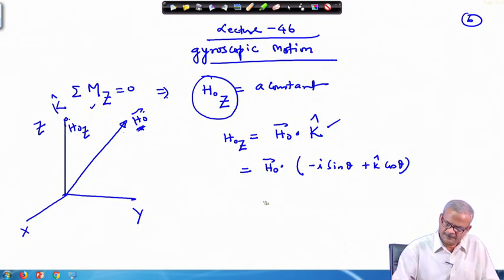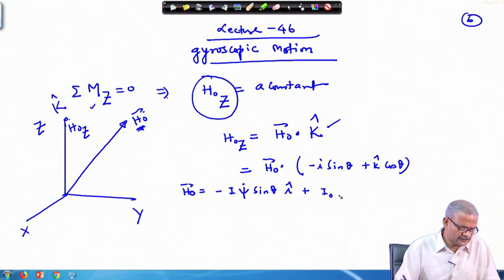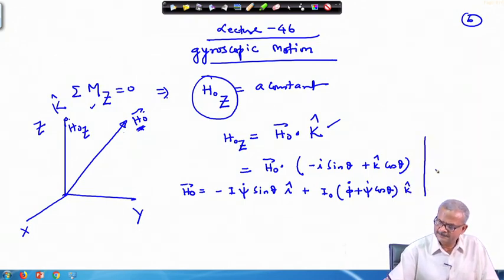H 0 is minus I times psi dot sin theta times I cap plus I 0 times phi dot plus psi dot cos theta times k cap, under the condition that phi dot is a constant, psi dot is a constant, and theta is a constant.